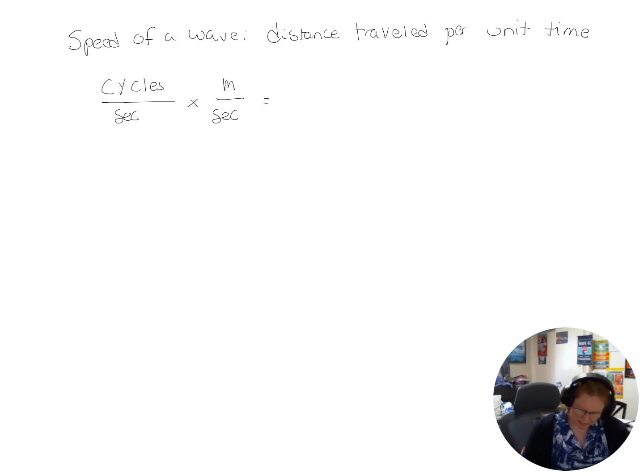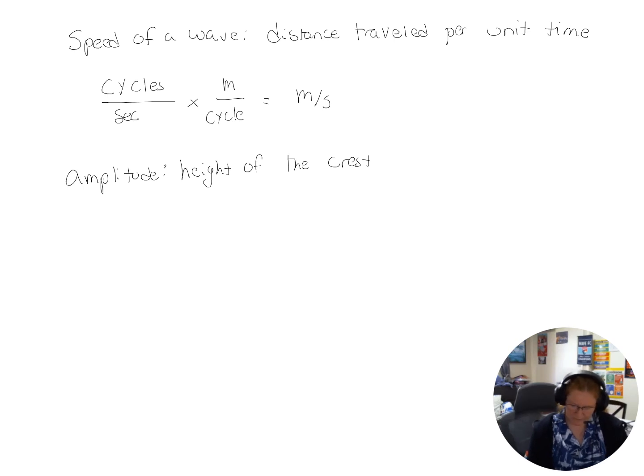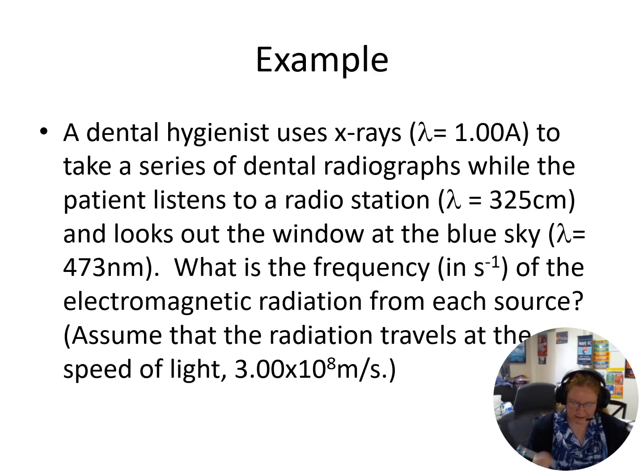Okay, and so we get cycles per second, and we have meters per cycle, and those cancel. And so we get meters per second. Okay, and then again, that amplitude is the height of the crest. Okay. All right, so let's just practice a little bit here.